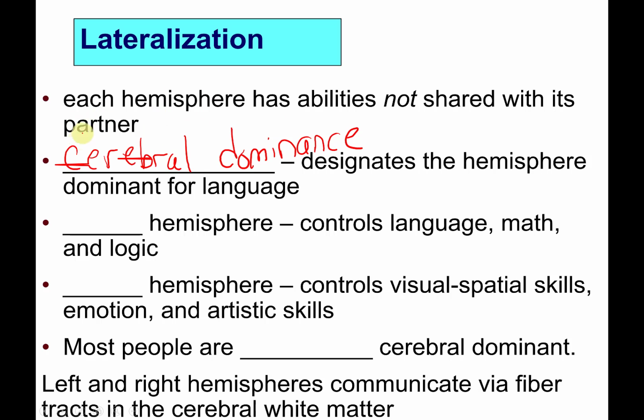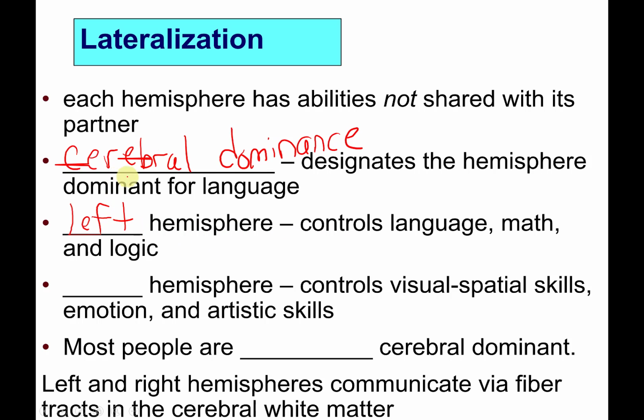Okay, so for example, 90% of people are left cerebral dominant. That means in 90% of people, the left hemisphere controls language, math, and logic.